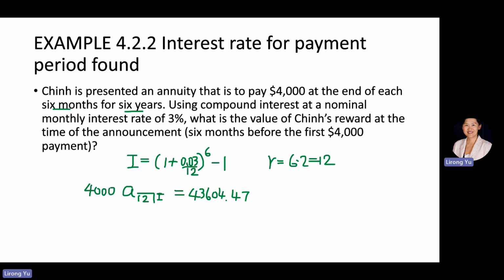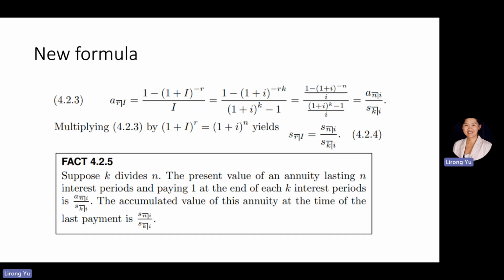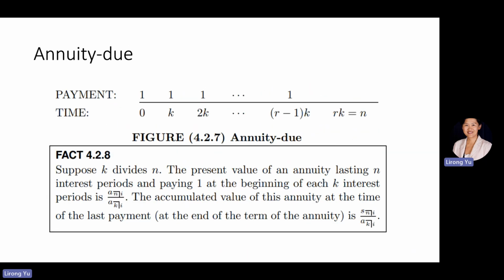Now, if you are calculating time 1, you have to take the time 0 value multiplied by 1 plus i. You let it grow for one payment period. And that gives us the opportunity to apply what we already have and come up with a new formula. So for annuity due, the present value is a_N over a_K. Then the future value at time N is s_N over a_K.